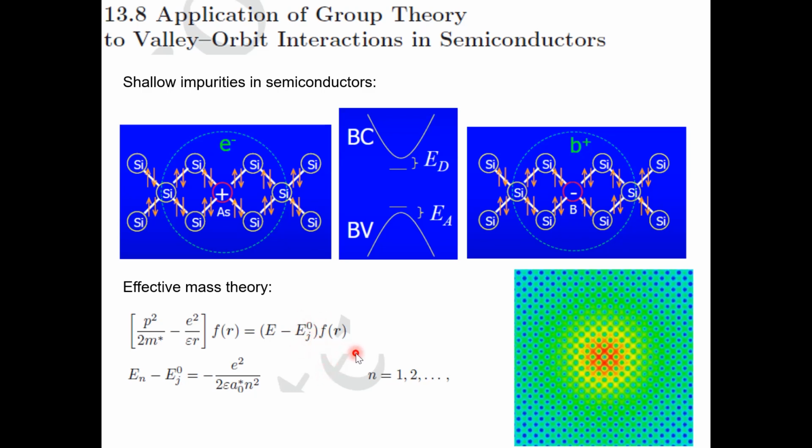Ec0 is the bottom of the conduction band. So this is an important comment, that the total wave function is not going to be simply the envelope function, but rather the product of the envelope function times the Bloch function, and the particular Bloch functions around the minimum of the conduction band are those that are going to be important to write the total wave function of the electron bound to a donor impurity.